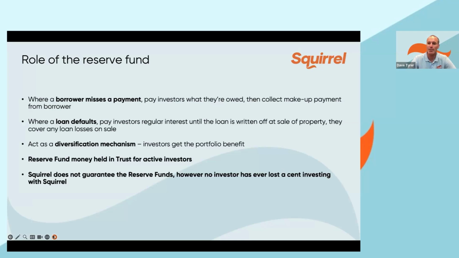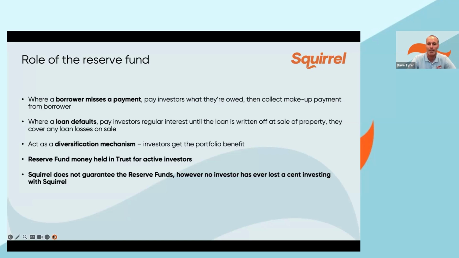And then once the property is sold, we'll get the proceeds to hopefully cover the loan. If there is a loss at that point, then that money is returned to investors on a gross basis back to investors. So investors won't have lost any money, assuming the reserve fund is capable of making that payment back to them.